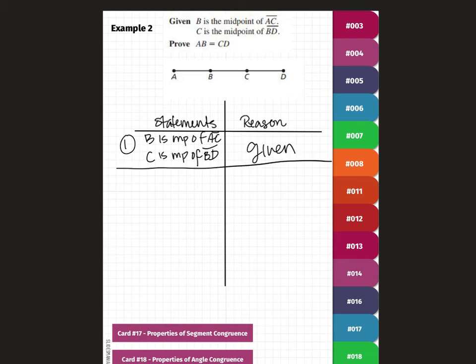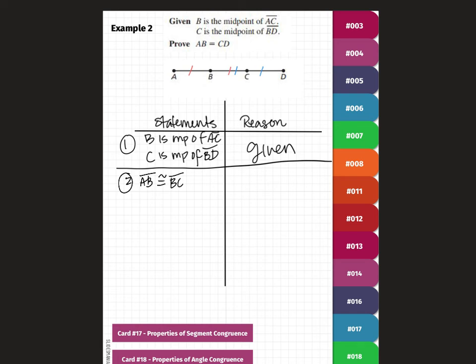But by definition, I know that if they're midpoints, if B is the midpoint of AC, then these two segments are congruent. And if C is the midpoint of BD, then these two segments are congruent. So that has to be my next statement. So my next statement says that segment AB is congruent to segment BC.